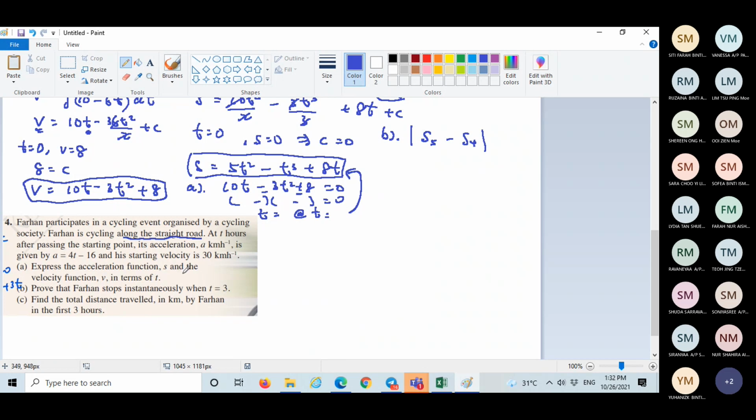Something is wrong. This one should not be acceleration. This one should be displacement. Change the question, please. This is displacement, because acceleration is already given.